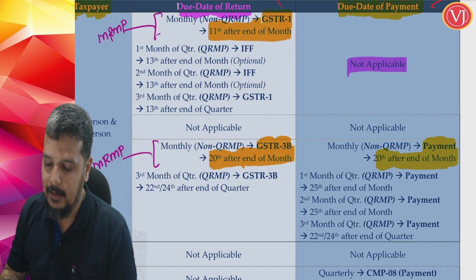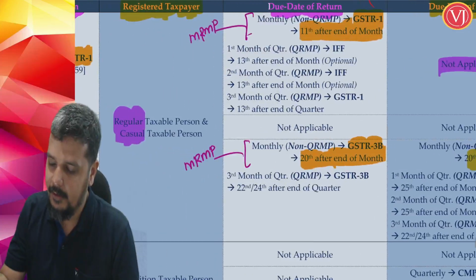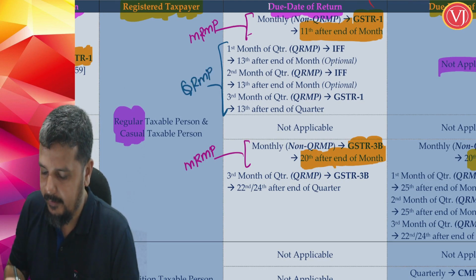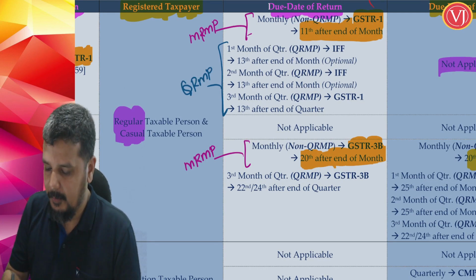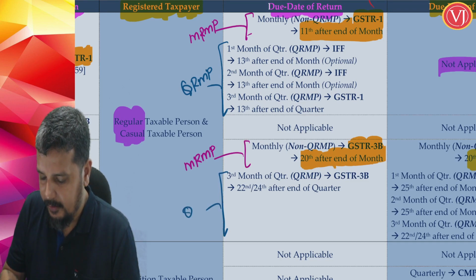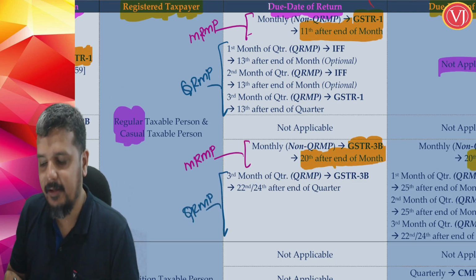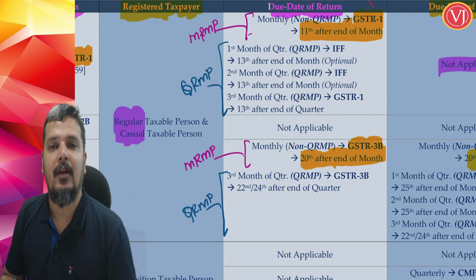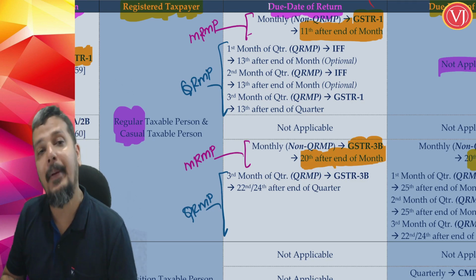But if I tell that you are under QRMP scheme, the moment I tell that, the answer is separate. Then you have something called as IFF. It is quarterly return monthly payment.